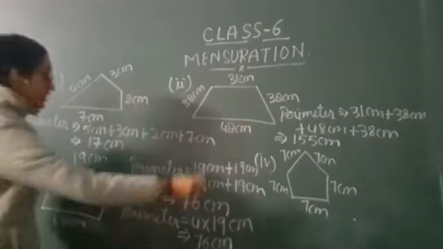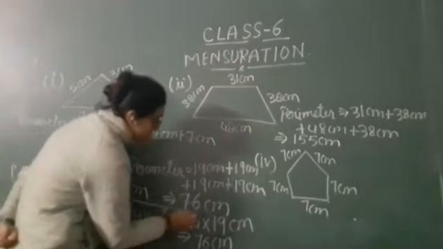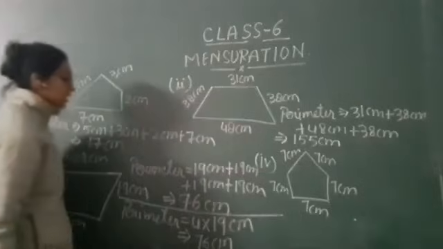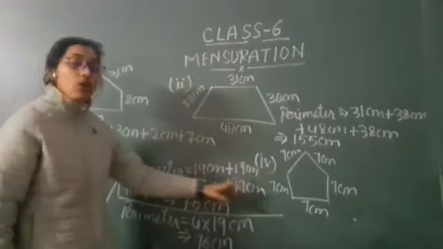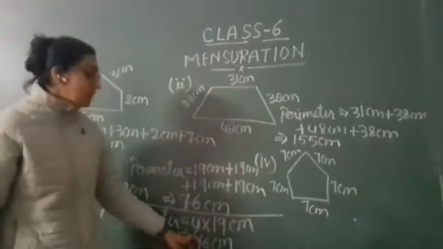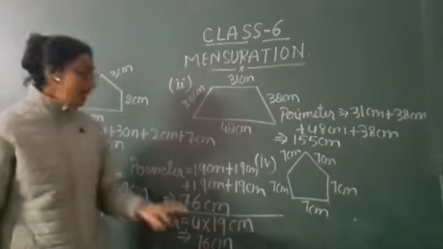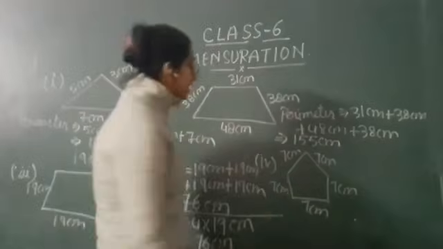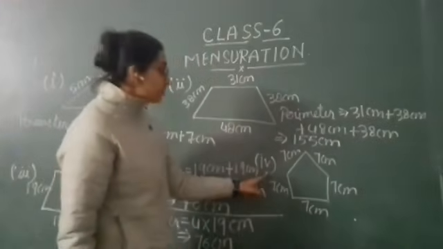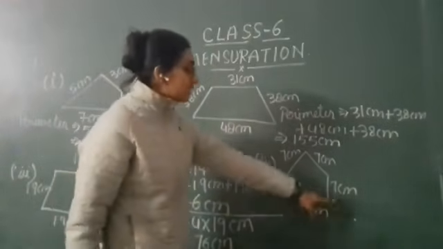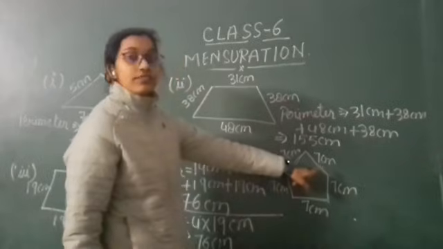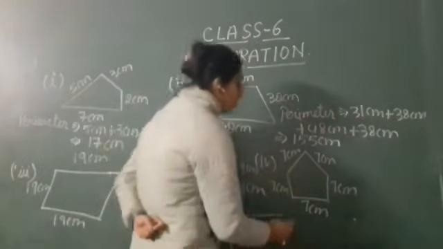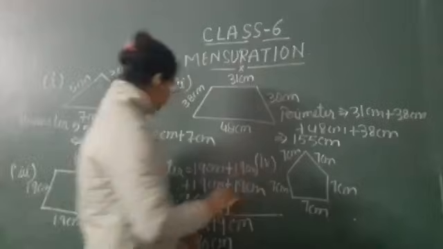Getting my point? You can also do it like this. Either you can add all the sides or you can multiply by 4. Why can we multiply by 4? Because all the sides are equal. In the last part, that is the fourth part, see, all the sides are equal, that is 7 centimeter.